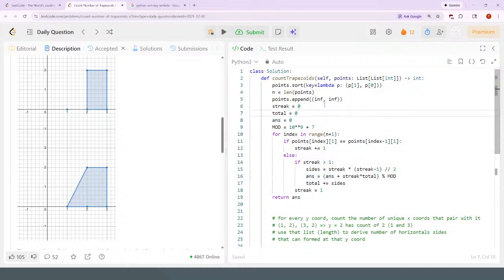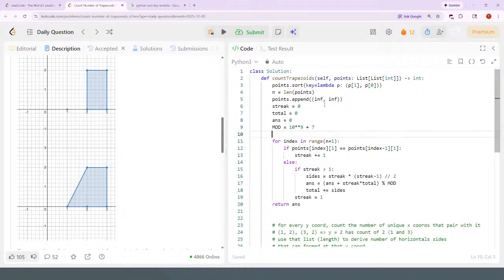I never declared sides. I guess it's fine since it's declared here. Okay. Total increases by the number of sides. Okay. I guess maybe I just need to print out some stuff here.